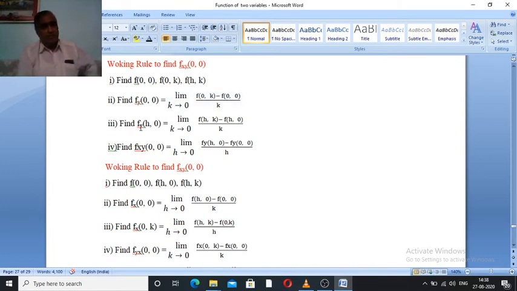Now first order partial derivative at point (h,0) is equal to limit k tends to 0 of f(h,k) − f(h,0) upon k. Fourth, find f_xy at origin is equal to limit h tends to 0 of f_y(h,0) − f_y(0,0) upon h.